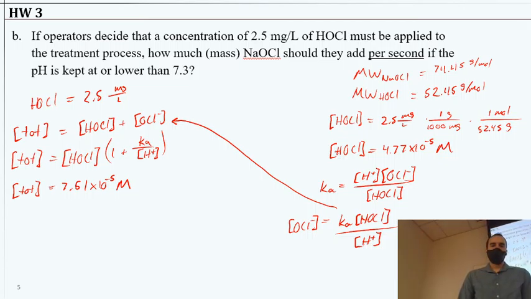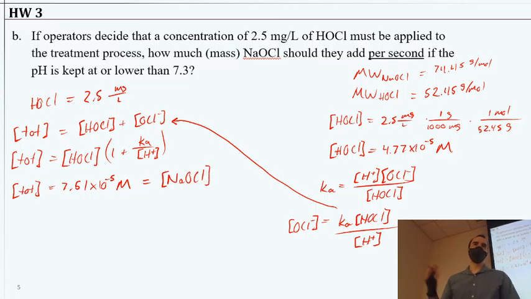Okay, so then that's also going to be essentially the amount of moles per liter of NaOCl that we have to add. Now, we don't have an actual concentration of NaOCl, but we did add some number of moles per liter of that. So we can kind of use the brackets even though it doesn't stay in that form.